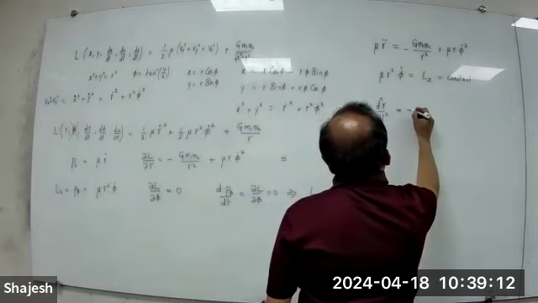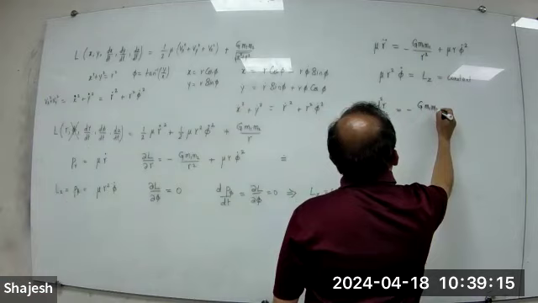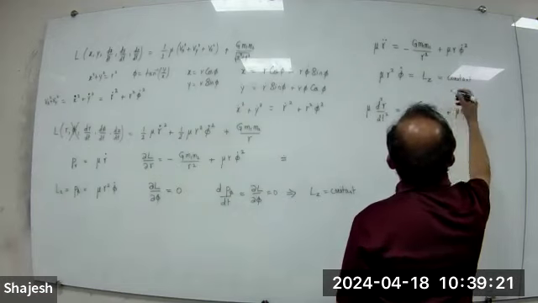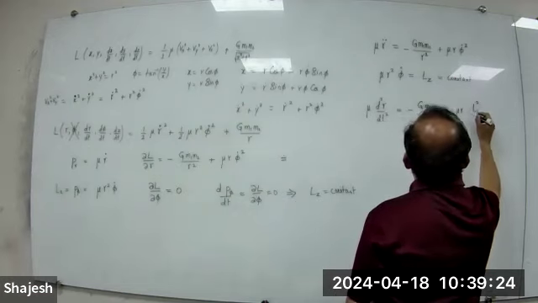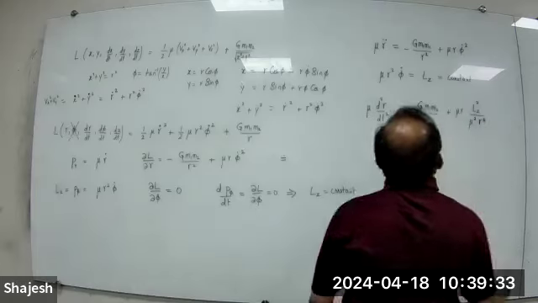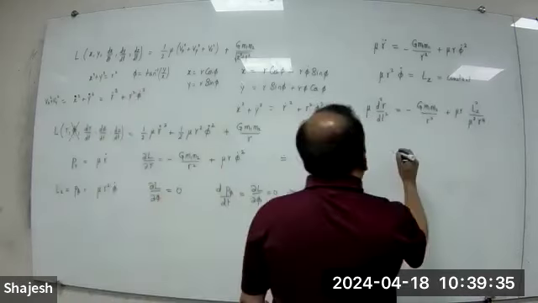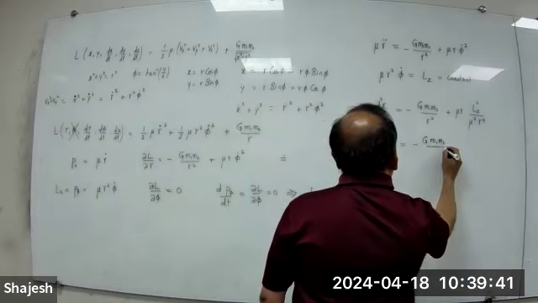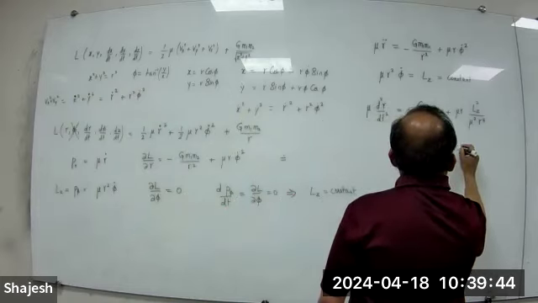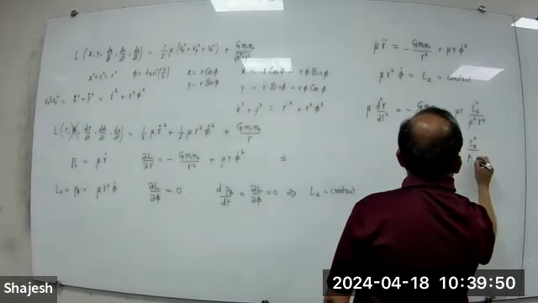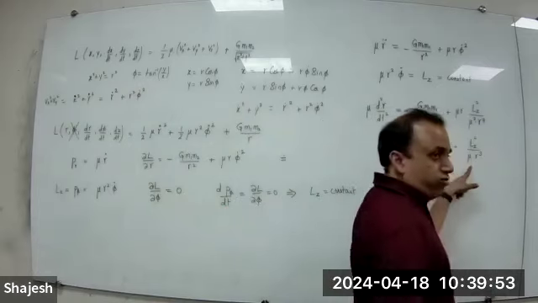That helps: minus G M1 M2 over R square, plus mu times R, and this is LZ square over mu square R raised to 4. That's equal to minus G M1 M2 over R square plus LZ square over mu R cube. That's your centrifugal force.